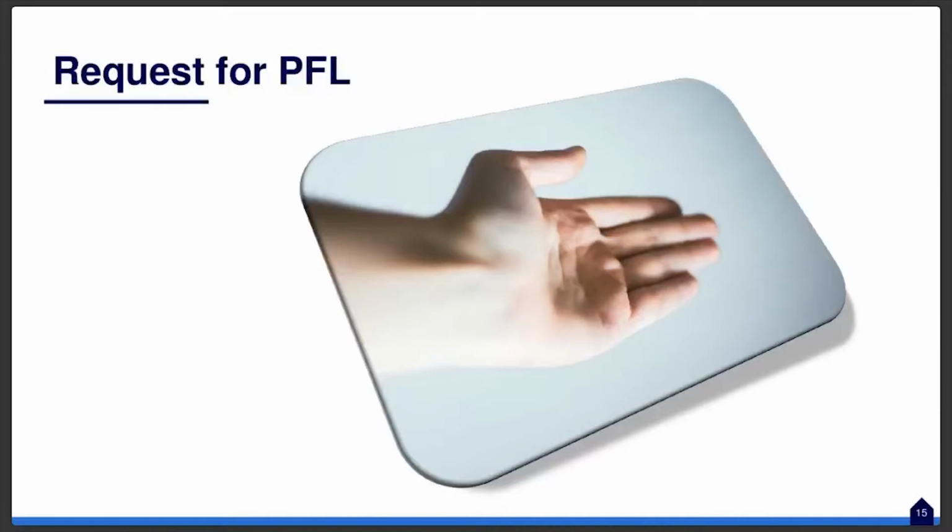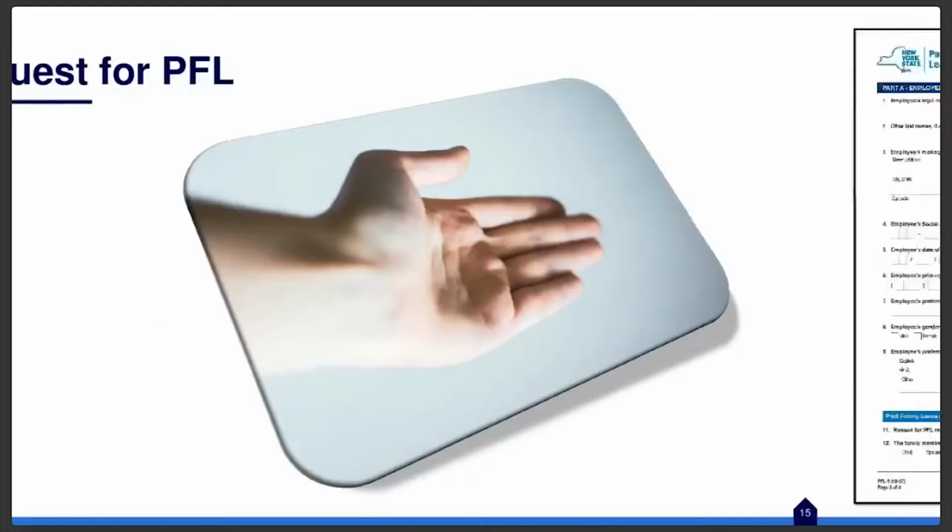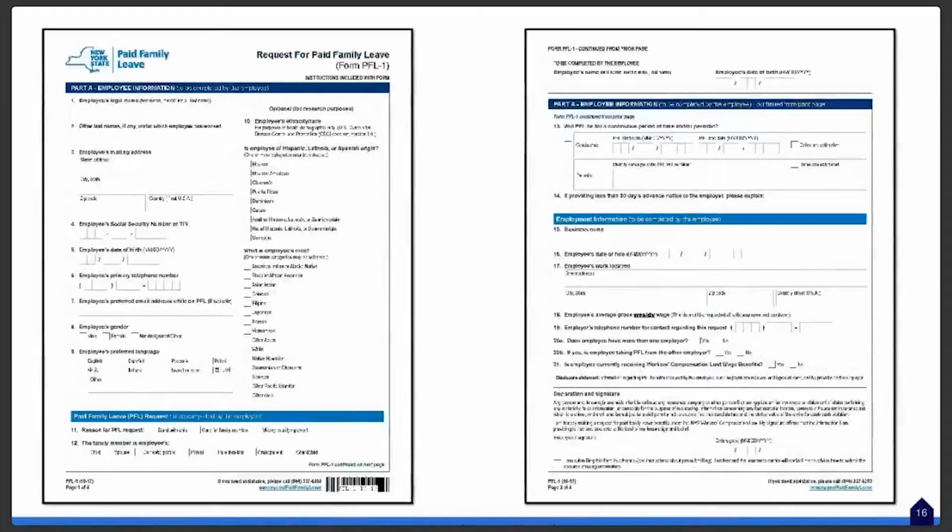The first form, the one that the employee initially fills out in part and then provides to the employer to put some additional information, is a standard request for paid family leave form. Here are the first 2 pages of it on your screen.